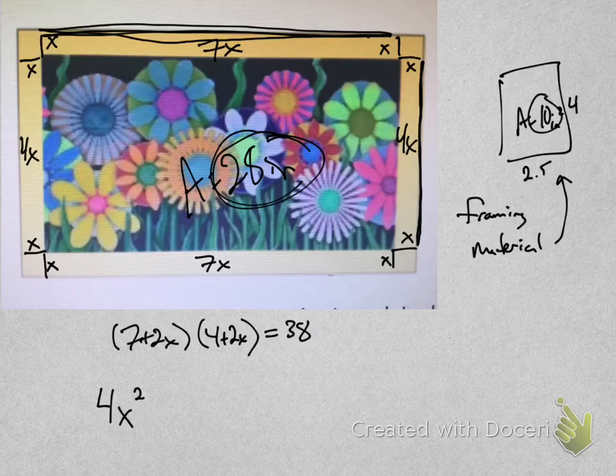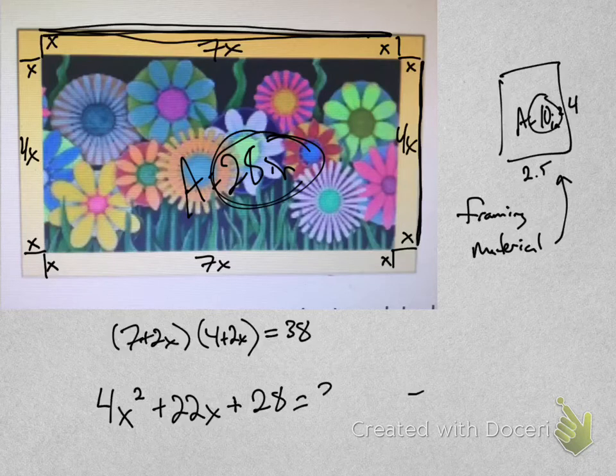So I have 22 x's there. Okay? So 4x squared plus 22x plus the picture, 28, equals 38.